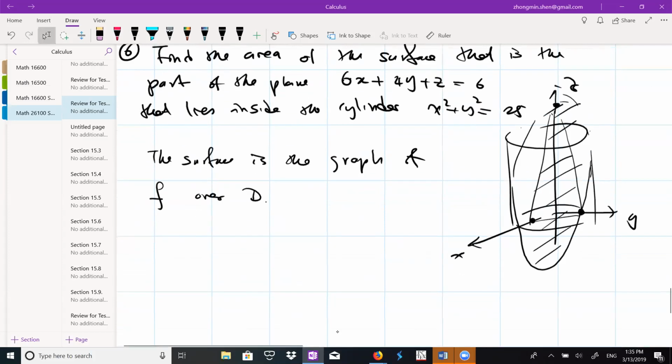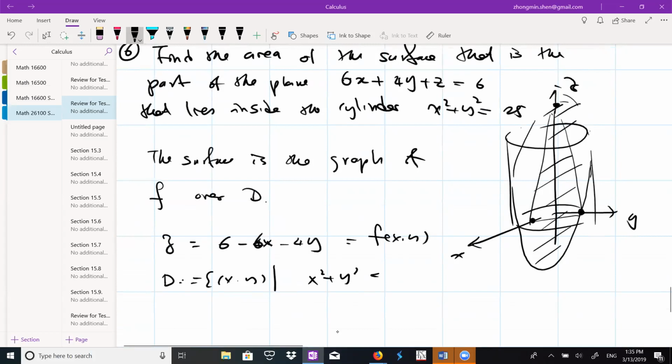So what is f? f can be solved by the following: z equals 6 minus 6x minus 4y. So that is my f of x, y. And the D is going to be x and y such that x squared plus y squared is less than or equal to 25.